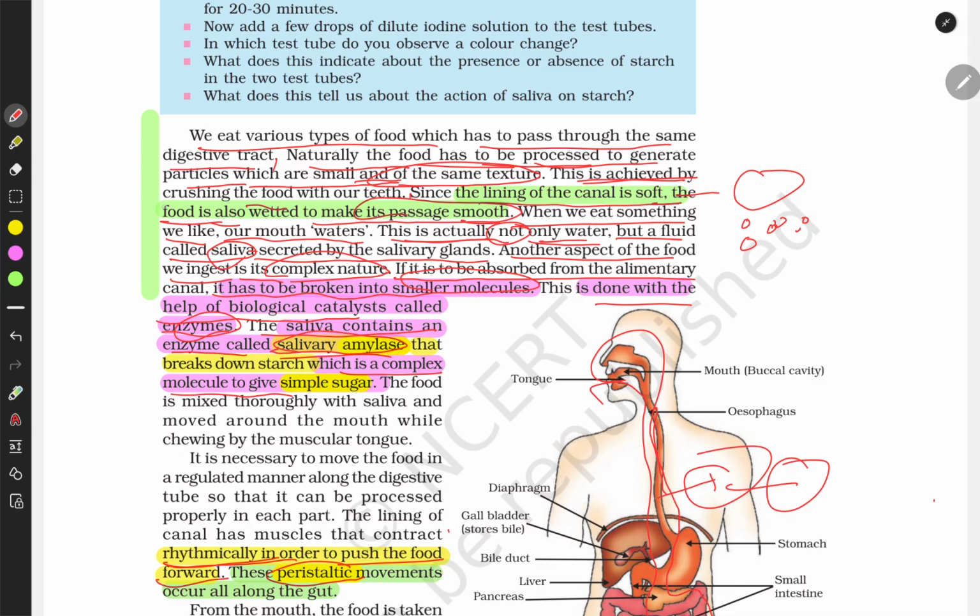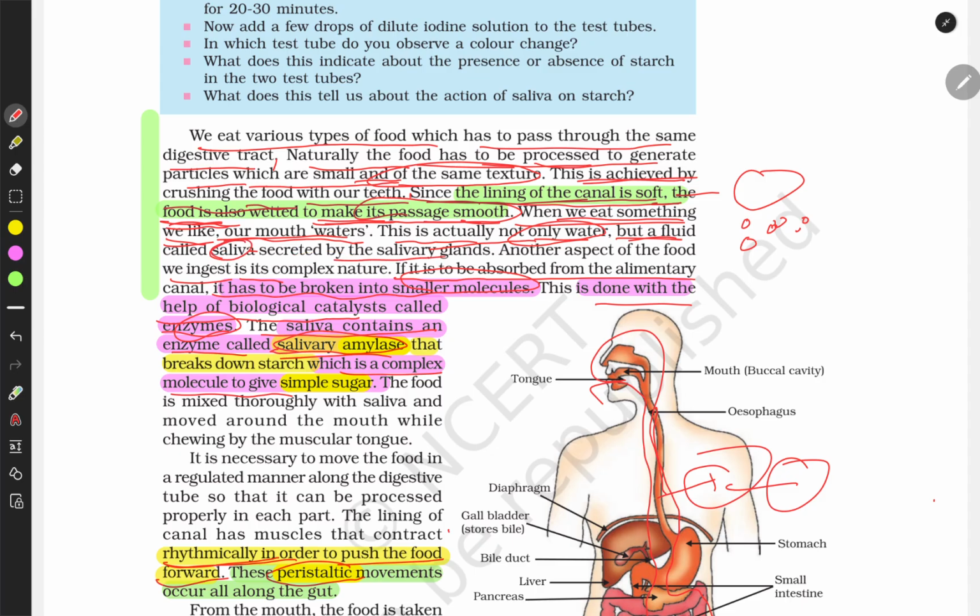This is achieved by crushing the food with our teeth. Since the lining of the canal is soft, the food is also wetted to make its passage smooth. When we eat something, our mouth waters. This is actually not only water but also a fluid called saliva.